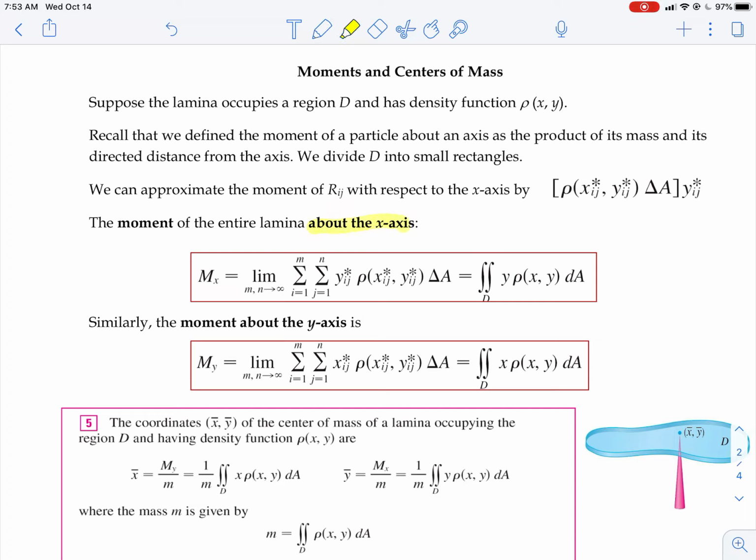So if I want to find a moment about the x-axis, I'm going to go ahead and draw a little xy plane. So let's consider this an xy plane, and here's our region.